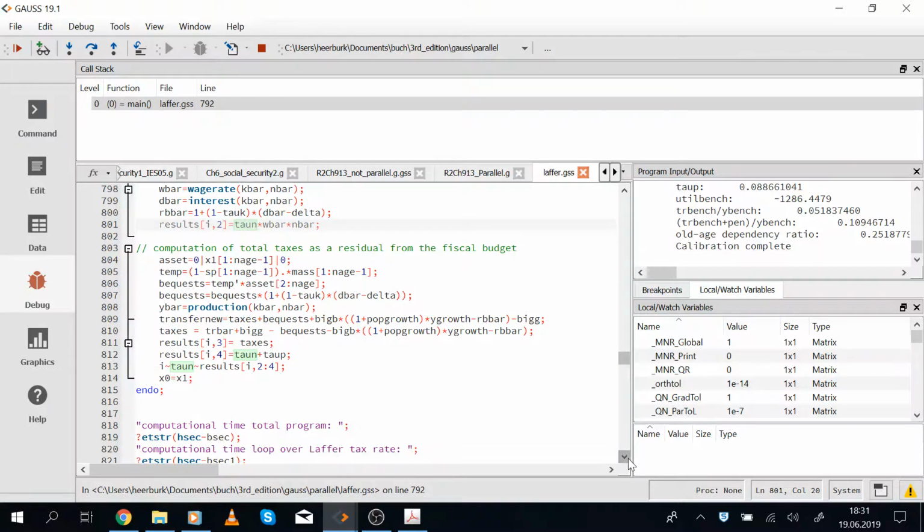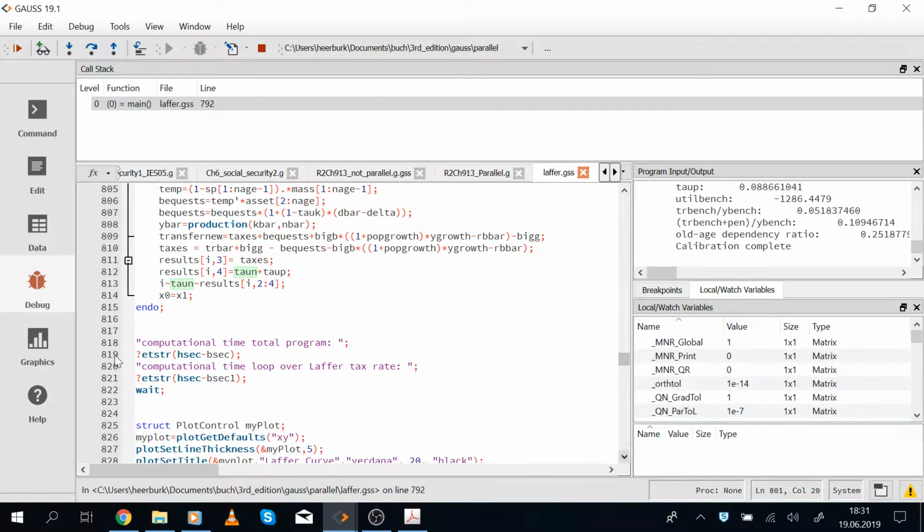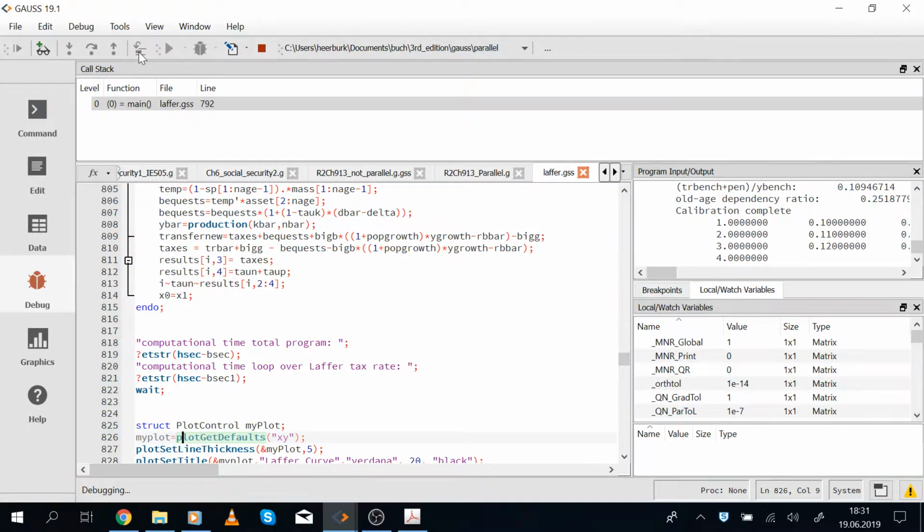Okay, and so we simply can now jump to the display of our solution, run with the cursor through line 826.